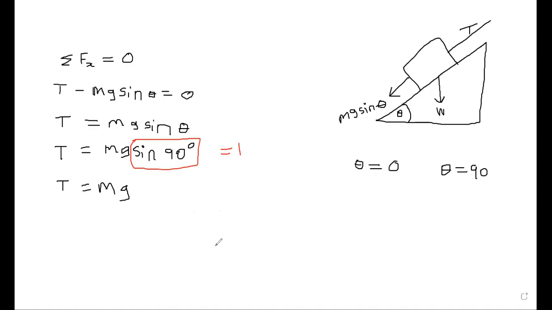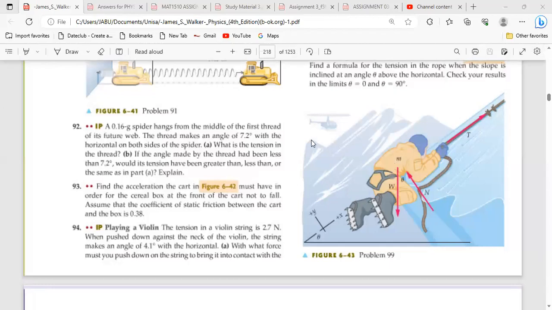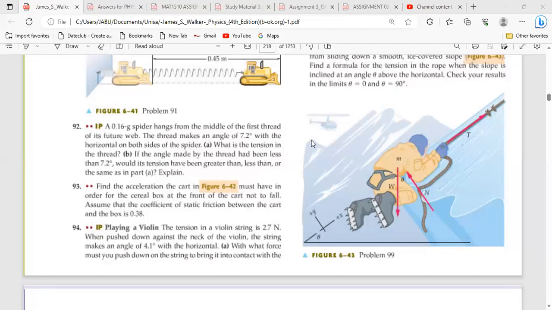Yes, we're done. Let's see if there's a follow-up question. So we are done with 99. But now we are going for which one? We have 8 minutes remaining.